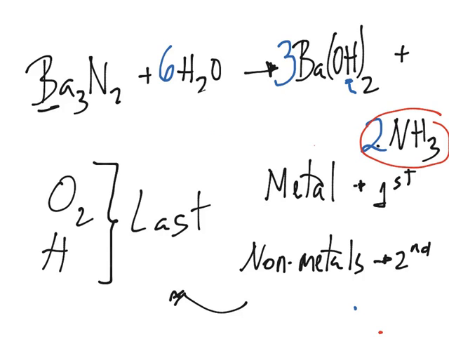You can check again for it: three bariums, fine. 2 nitrogens, 2 nitrogens. This is a 2 here. Fix it. 6 water molecules, so 12 hydrogens, 6 hydrogens plus 6 hydrogens, 12. 6 oxygens, and the equation is balanced.